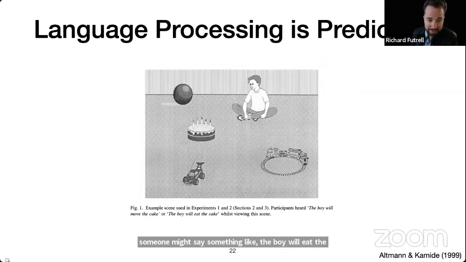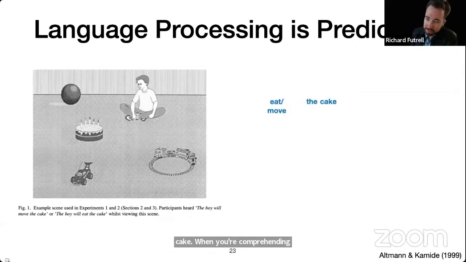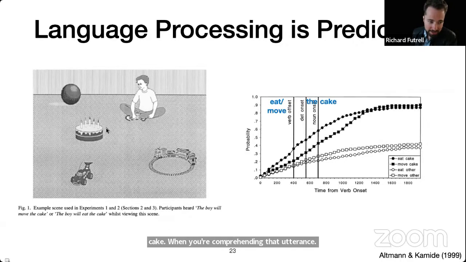When you're comprehending that utterance, your eyes will actually move towards the cake here before you actually hear the word cake. They'll move towards the cake once you hear the word eat. You see that in an eye tracking time course here from Altmann and Kamide, a classic study. So when you're hearing the verb eat, you're already starting to look towards that cake. And so this shows prediction.